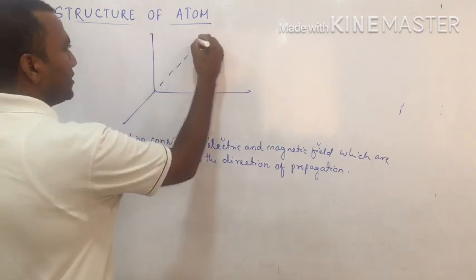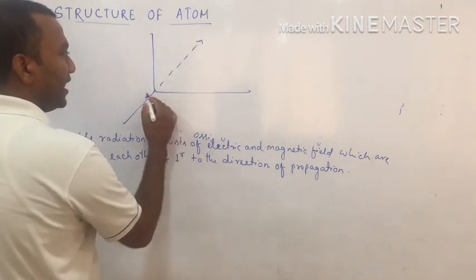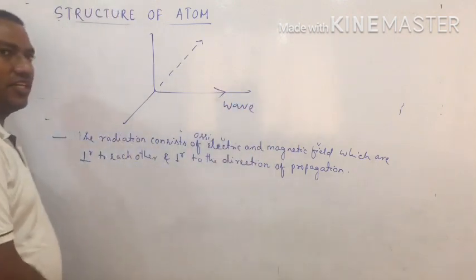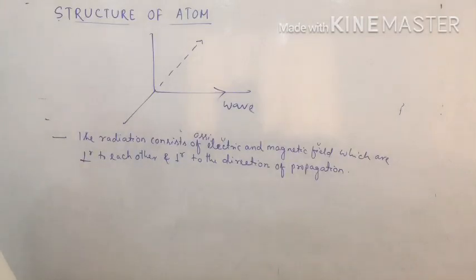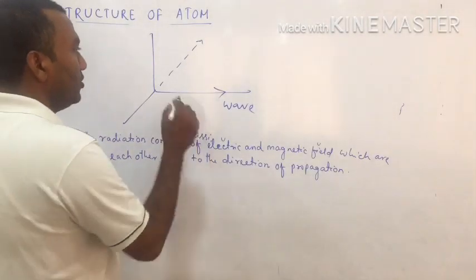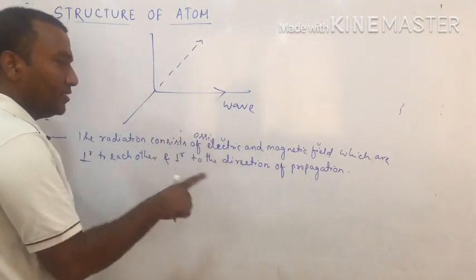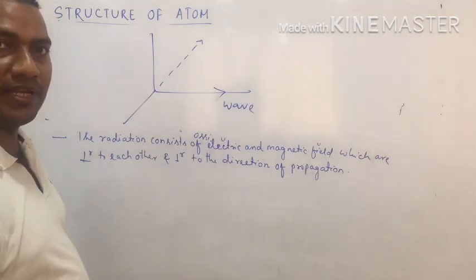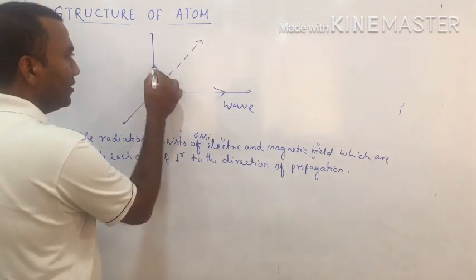Let this be the direction of propagation of the wave. So the radiation produces both an oscillating electric field and a magnetic field.